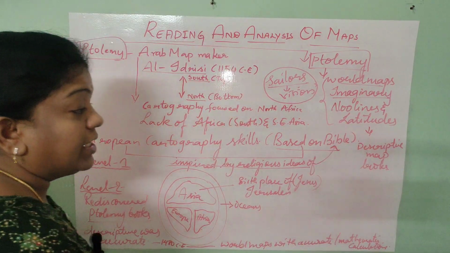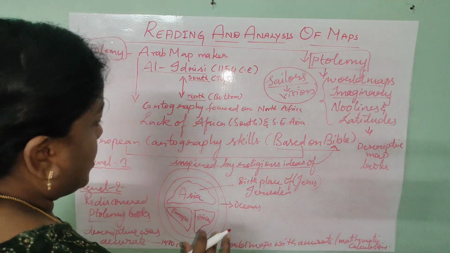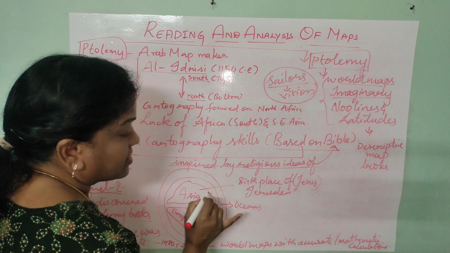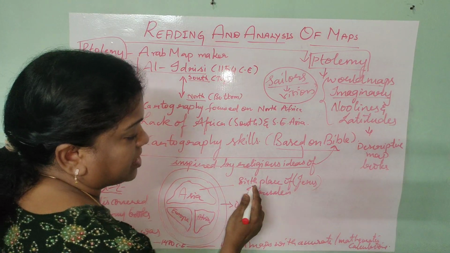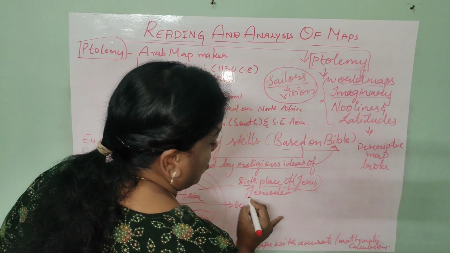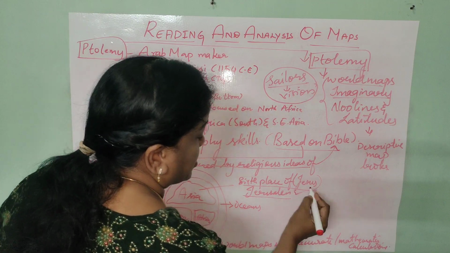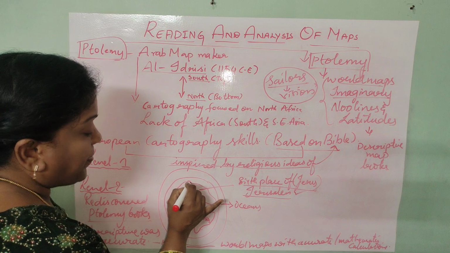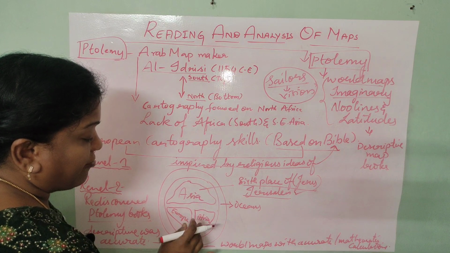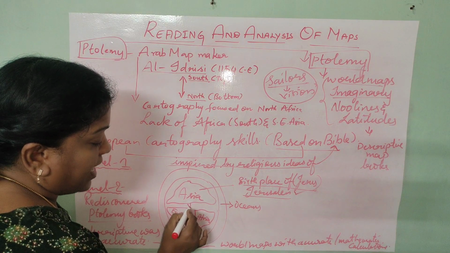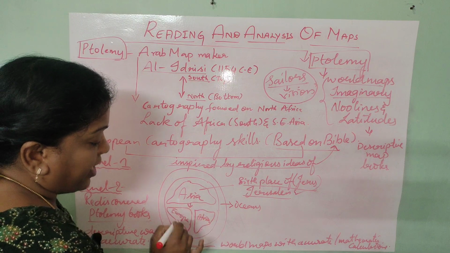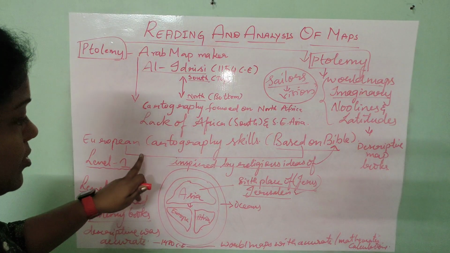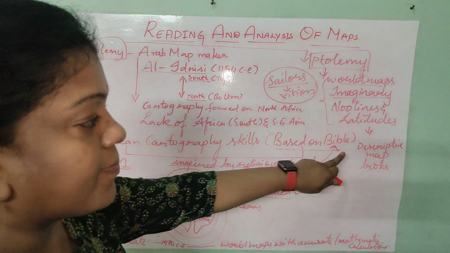According to the Bible's descriptive facts, they considered Asia very important because it was the birthplace of Jesus Christ, Jerusalem, and that's the reason they showed Asia at the top, and they showed Europe and Africa towards the south, at the bottom of Asia, in equal sizes. Is it clear about the European cartography skills based on the Bible?